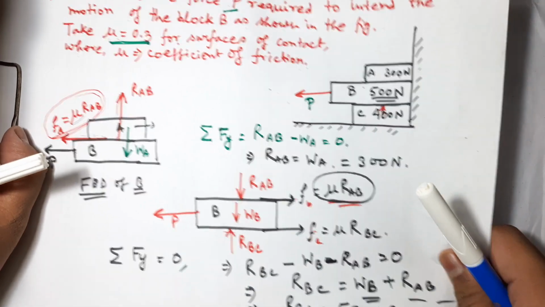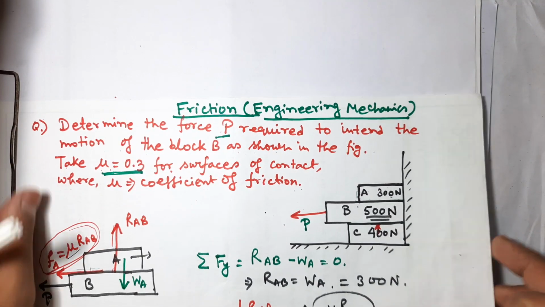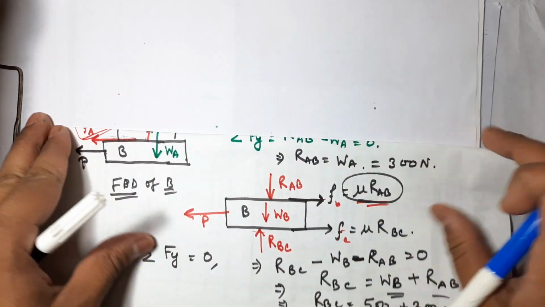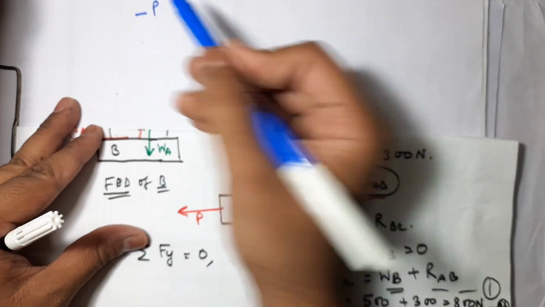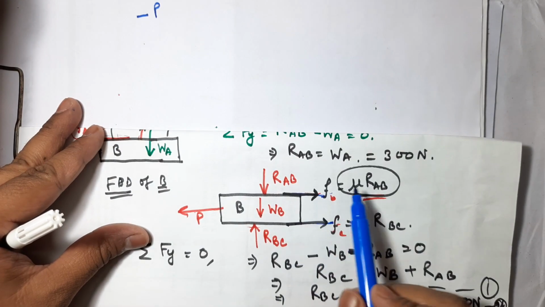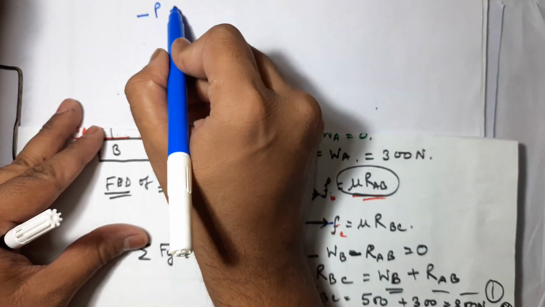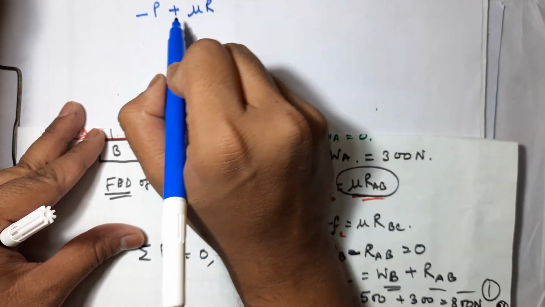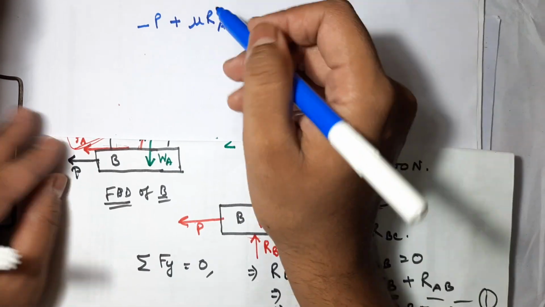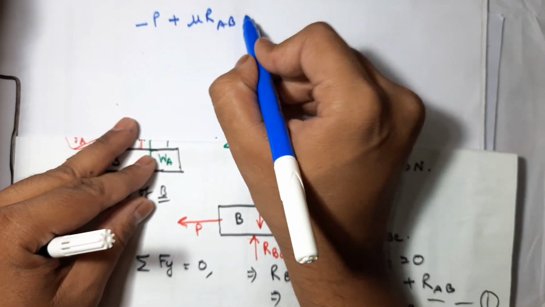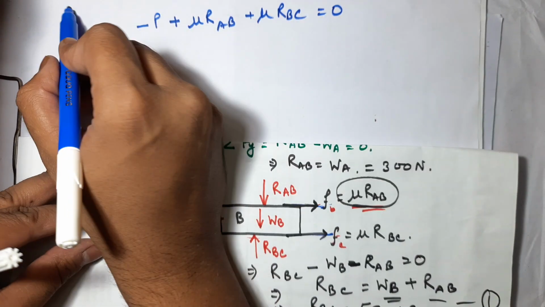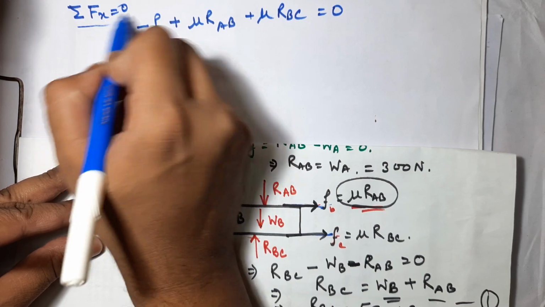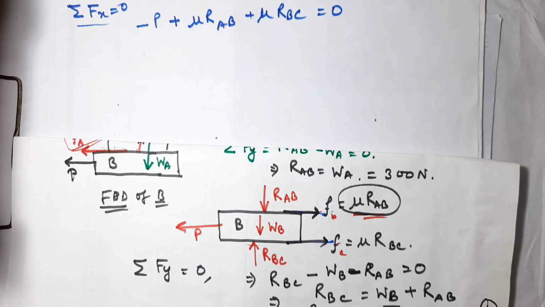If you observe, P is acting in the negative x direction, so I am writing minus P. These two frictional forces are acting in the positive x direction, so I am writing plus mu into RAB plus mu into RBC is equal to 0, because the total force acting along the x direction will be 0 if the system is in equilibrium.